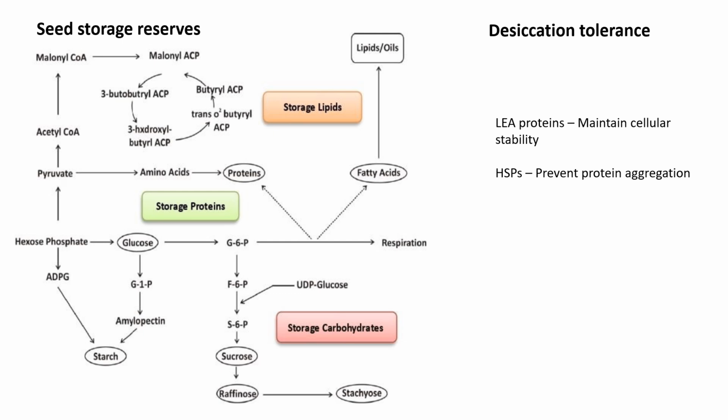Seed storage proteins are synthesized during seed development within the endosperm or cotyledon cells. Legumes store proteins that belong to a class called globulins. Cereals show two classes of storage proteins, the water-soluble globulins and the more hydrophobic prolamins.